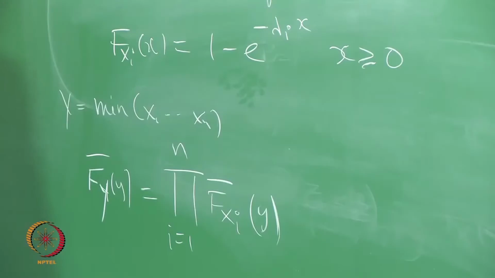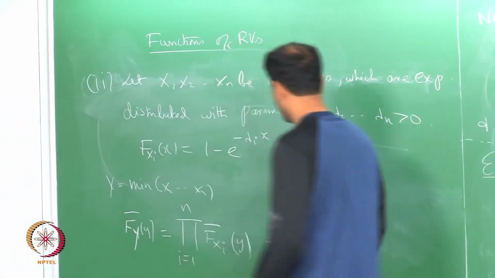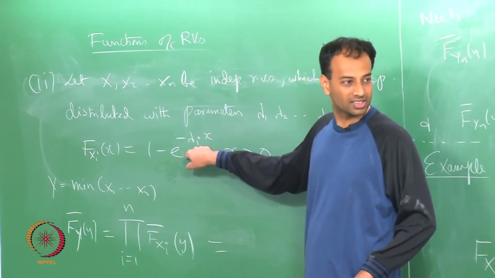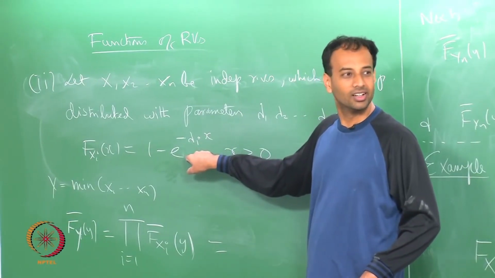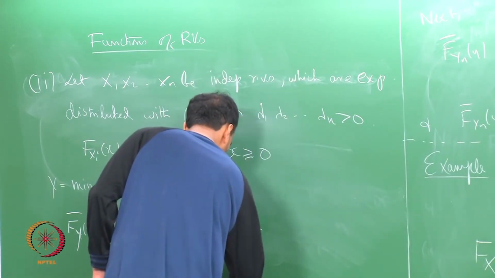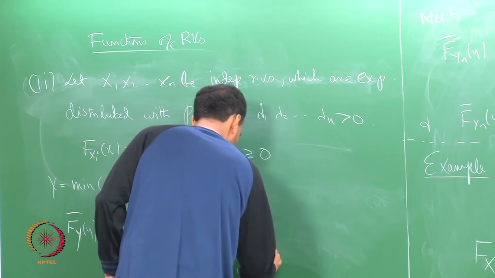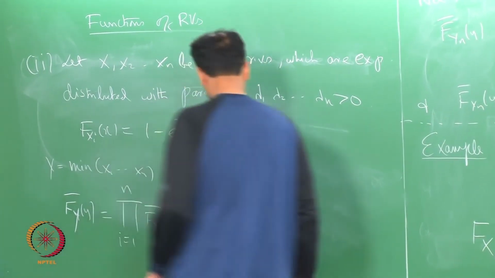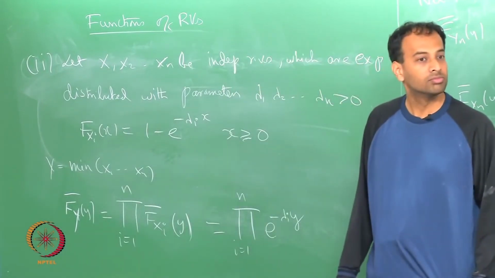So, I cannot take the nth power, correct. So, F_Xi bar will be e power minus lambda i x. So, I am multiplying the product, i equals 1 through n, of e power minus lambda i y, correct.